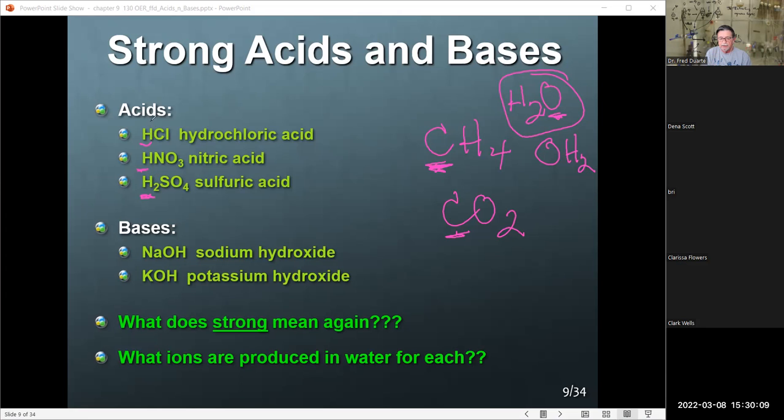So I have to break it up. If it's an acid, I look to the right of that and see what follows. I've got chloride, that breaks up, so that's legit, and that will work. And then I've got NO3, which is again reminiscent of the nitrate ion, a polyatomic ion. Then we've got sulfate.